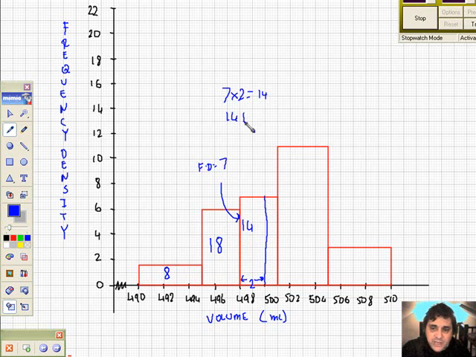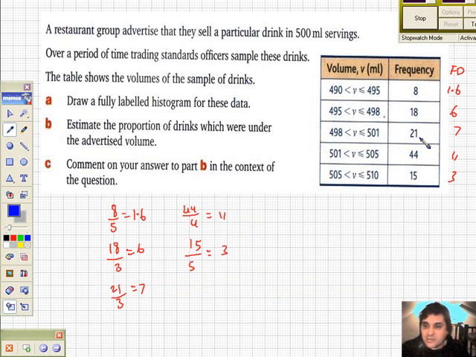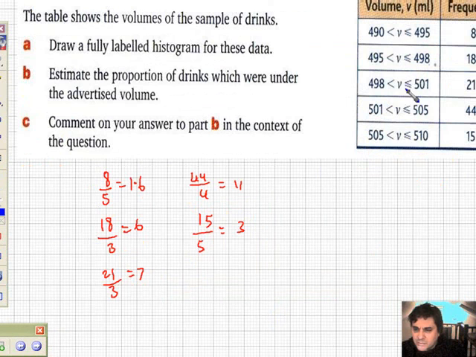Altogether I have 14 plus 18 plus those 8. What does that come to? 20, 32. That is 40, isn't it? That's quite a lot. So I've got 40 of these tins that are potentially below the advertised amount. Let me just check that again. There we go. Yes. Terrible.